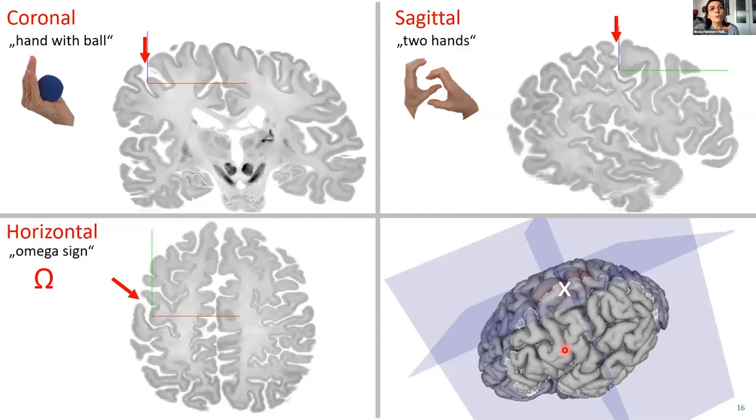And then from here, you can just imagine that your sulcus moves down on the surface, and that's the way in which you would have identified the central sulcus on the surface of the brain.